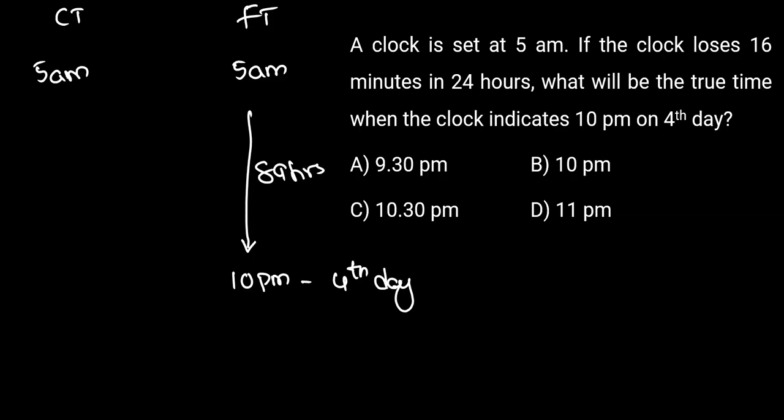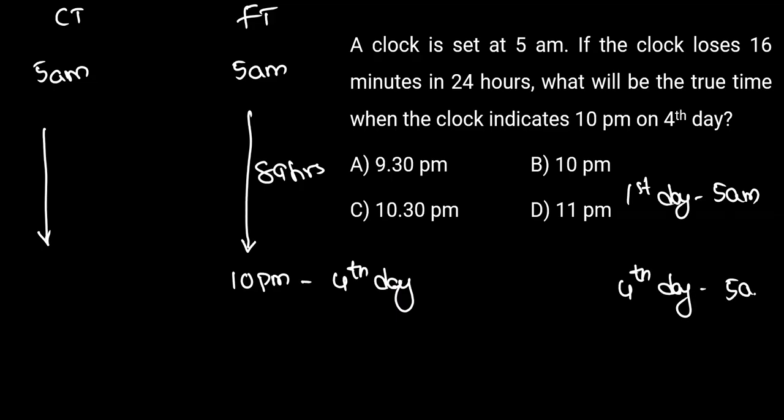If the fall time travels 89 hours, how much does the correct time travel? If you know that, then the answer is completed. Understand what that 89 is. First day 5 a.m. to fourth day 5 a.m. is nothing but 72 hours.